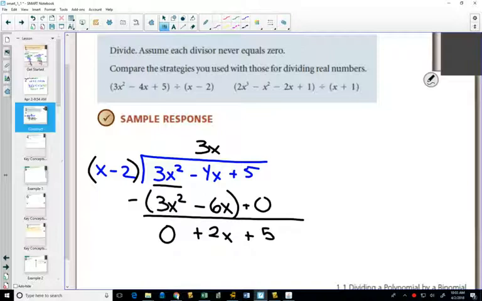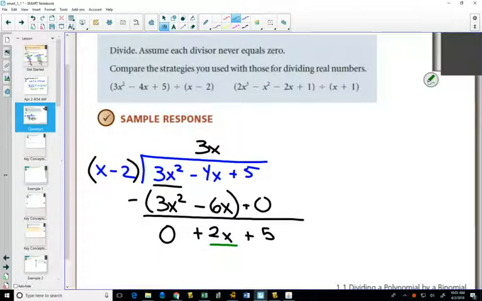And just like our long division from before, we now look at what's left, which is 2x plus 5. Look at the biggest value there, which is a 2x, and say, is there anything I could multiply x minus 2 by to get a 2x? It would be a 2.